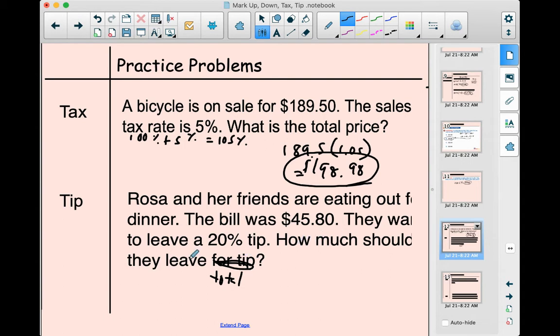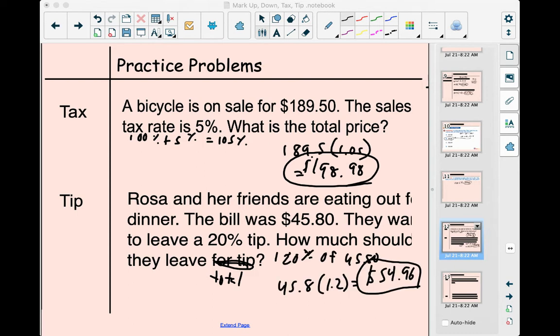If it just asked how much did they leave for tip, then you would not want to add this on. You just want to find out what 20% is, and that would be answering the question. Okay, but let's pretend we're trying to find out how much they should leave total. So let's pause the video here and see if you can answer that one.